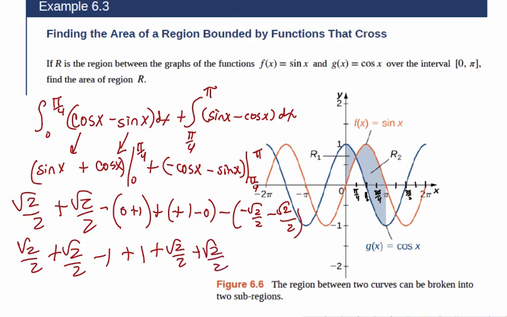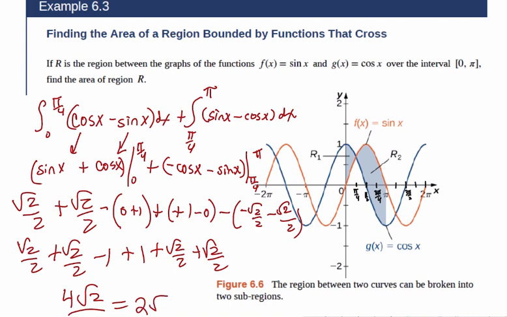Now, the plus 1 and the minus 1 are going to cancel out. Look at how many square root of 2 over 2's we have. We have 1, 2, 3, 4. So we have 4 square root of 2 over 2's. These are both just the number 4 and 2. 2 goes into 4 2 times.